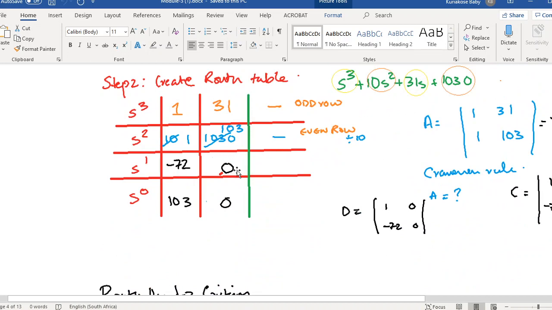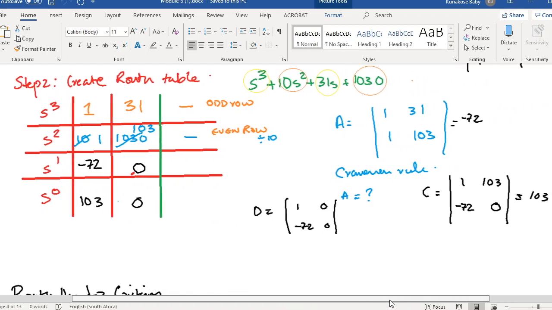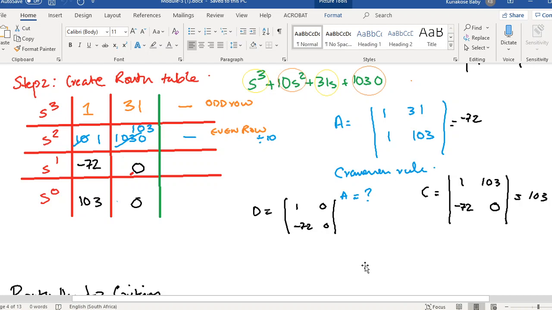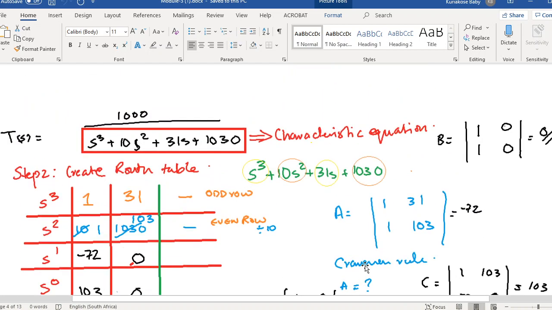Now to calculate the second cell of s raised to 1, I again use Cramer's rule. But this time, the difference is that it's going to be, let's call it b. The cells that populate that value are 1, 1, 0, and 0. So it goes from side to side.